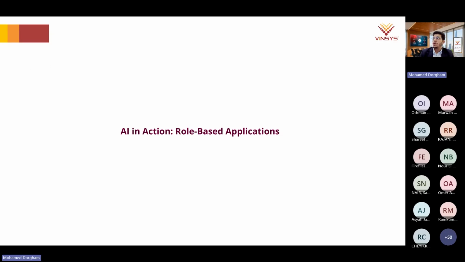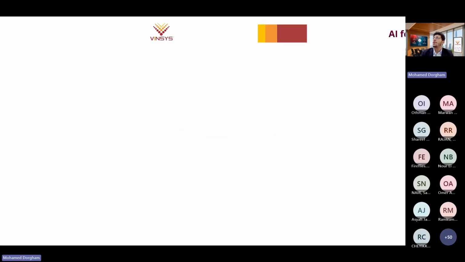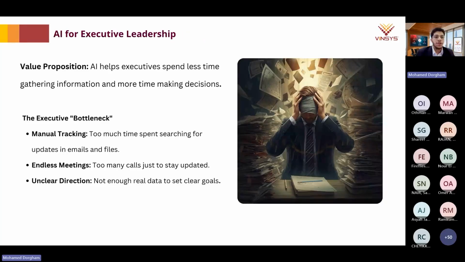And as you know, this is where we're going to start to have the real fun and the real action. Through this training session, we're going to see AI in action for different use cases. We're going to see what other AI tools we use other than ChatGPT, based of course on our use cases. So we're going to start immediately with AI for executive leadership and directors.